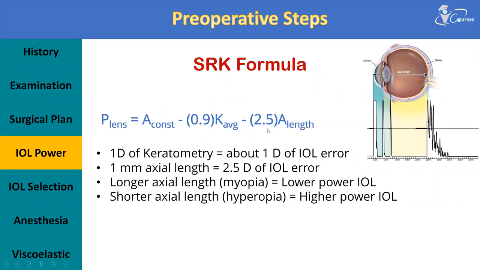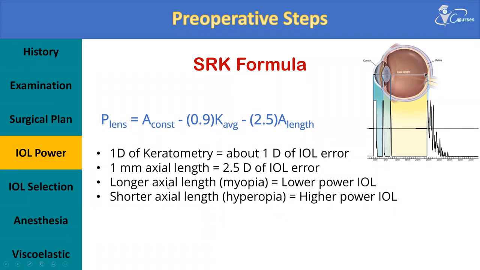If you are measuring the axial length from the cornea, to the lens, to the vitreous, to the retina, any 1 millimeter error of axial length will result in 2.5 diopters of IOL power error. So it is very crucial to have an accurate estimate of the axial length.